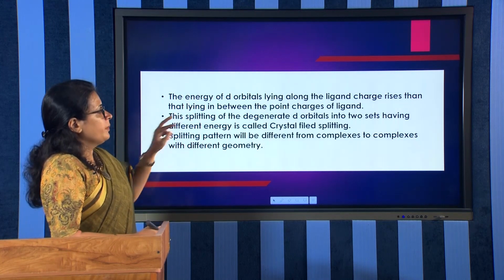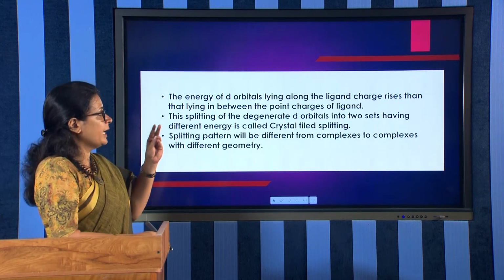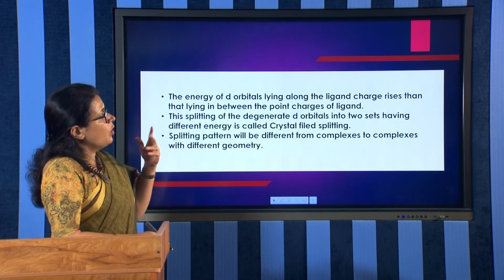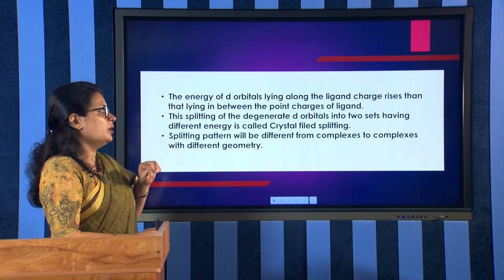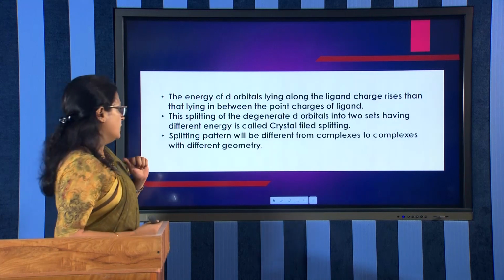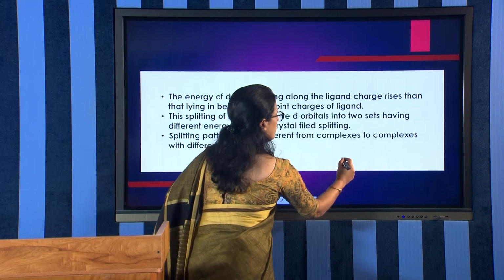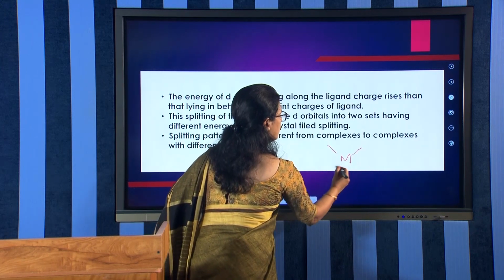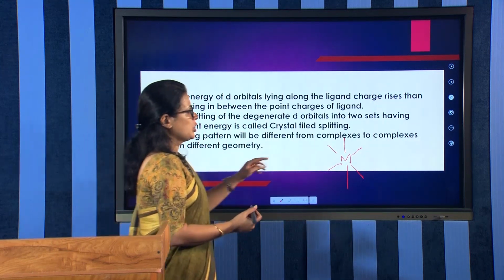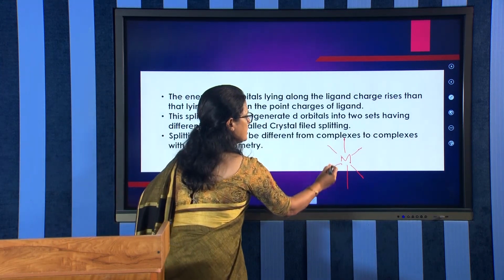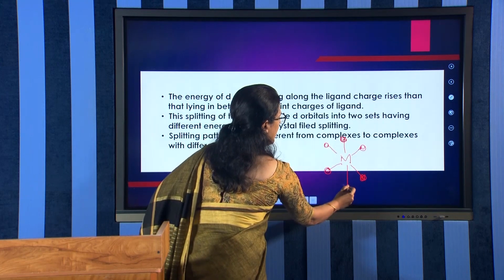The energy of the d orbitals lying along the ligand charge rises more than that of those lying in between the point charges of the ligands. See, I can draw this octahedral complex, and in the octahedral complex you have 6 ligands, 1, 2, 3, 4, 5 and 6.